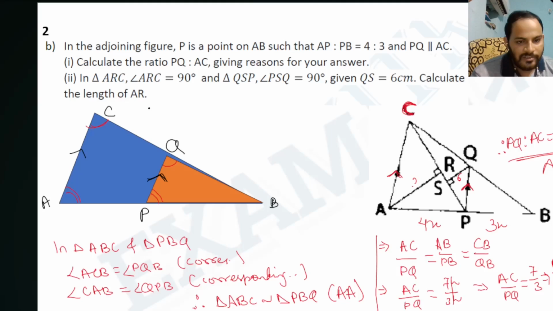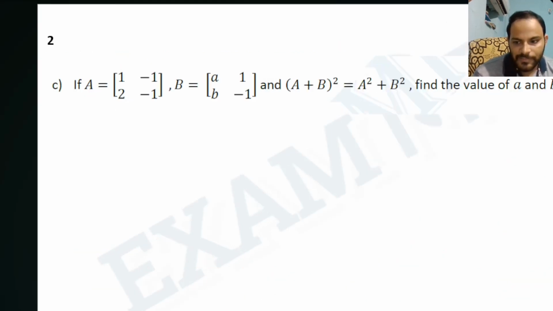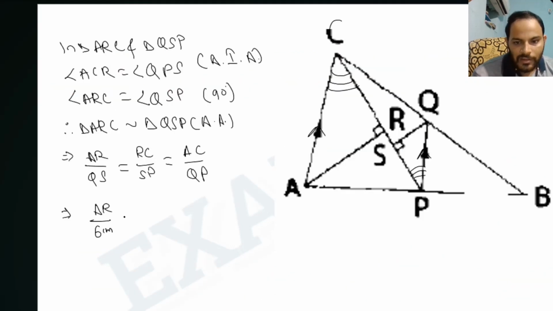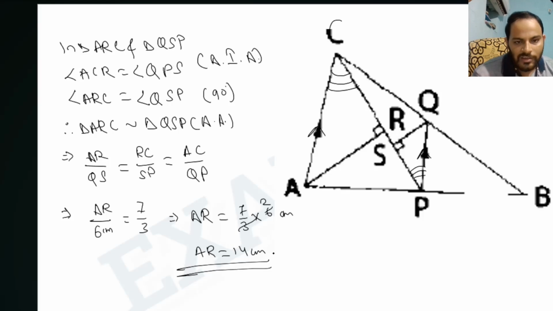The value of QS is given. Yes, QS is 6 cm. The other values are of no need because none of them are provided. AC is to PQ is 7 is to 3. This implies AR is 7 by 3 into 6 centimeters, and that means AR is 14 centimeters.